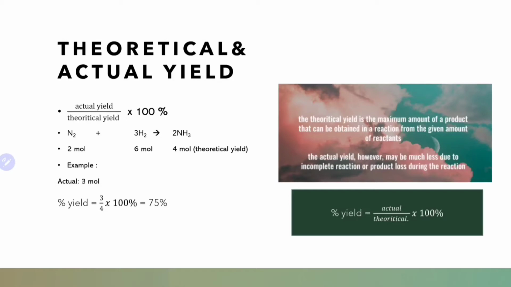Continue with theoretical and actual yields. Once again, we have this equation: nitrogen plus hydrogen to produce ammonia. The ratio is 1 to 3 to 1.